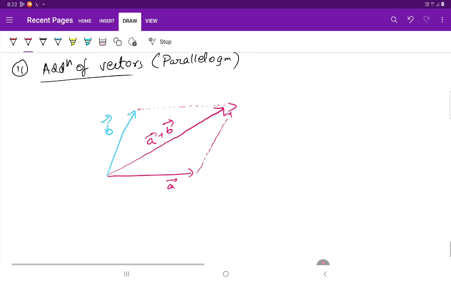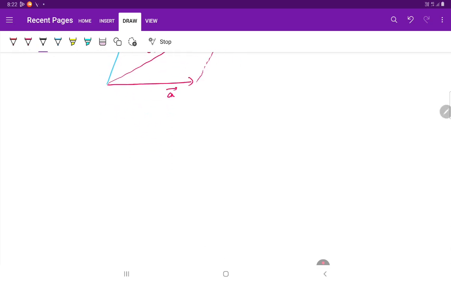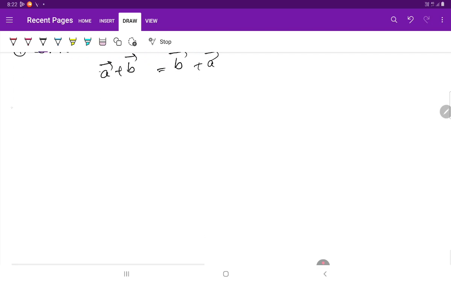There are a few properties of addition of vectors. First is commutative. A vector plus B vector, we can also write as B vector plus A vector. Second is associative.